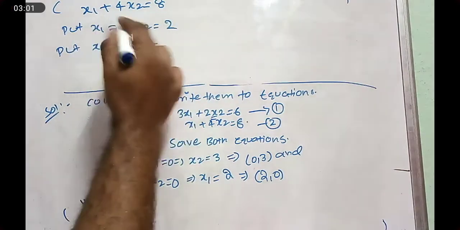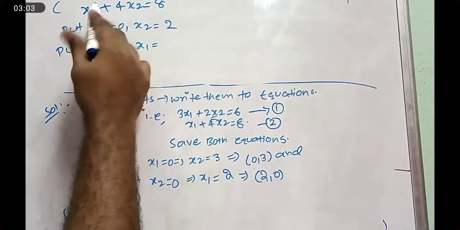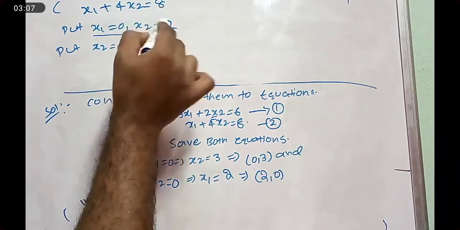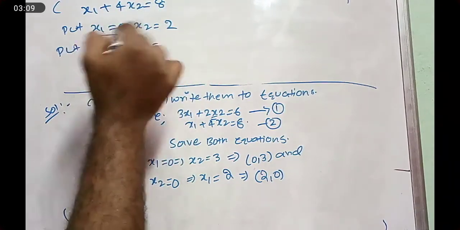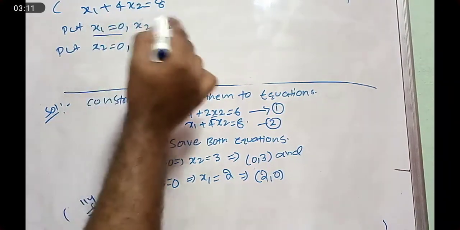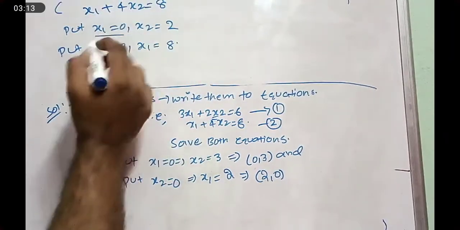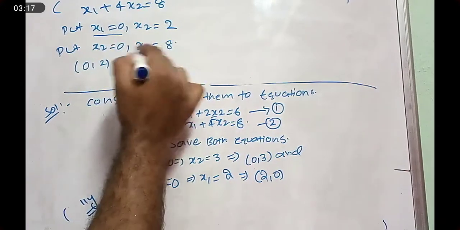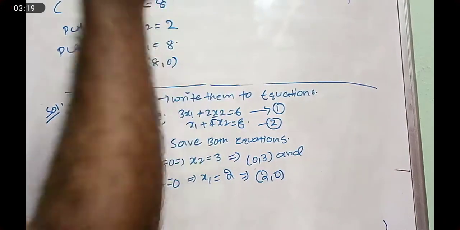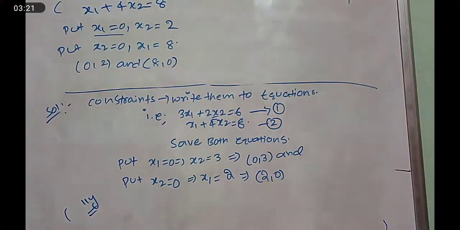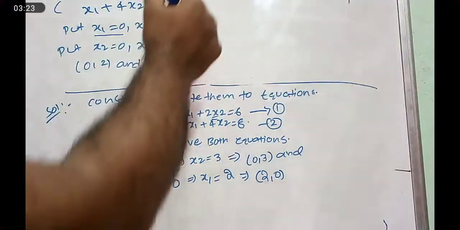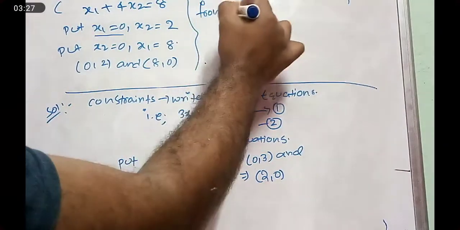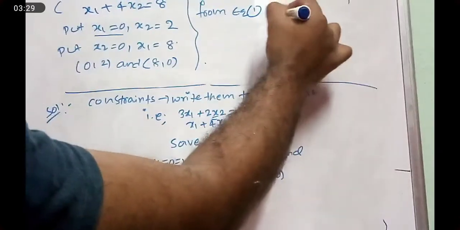So this is one way of understanding the equations. When we solve these equations, we get the coordinates x1 and x2 for both equations. Those coordinates will be plotted on the graph, so that when we plot them we will get the solution.